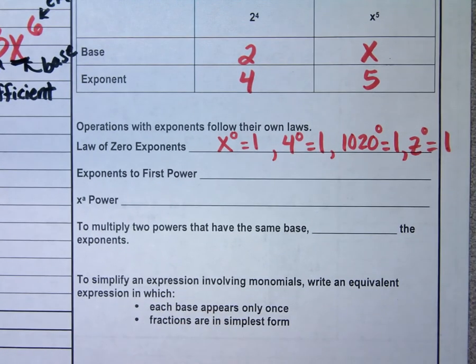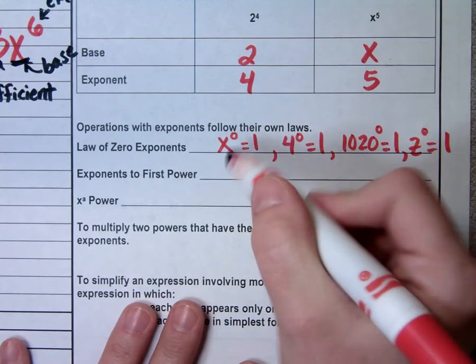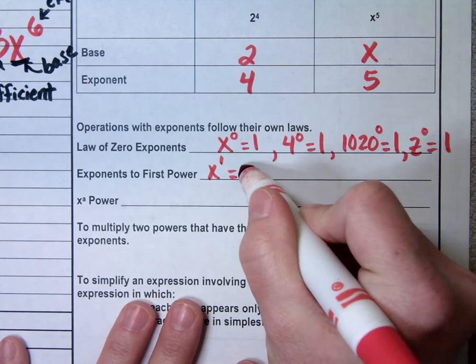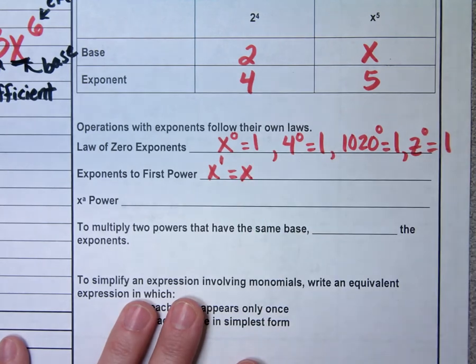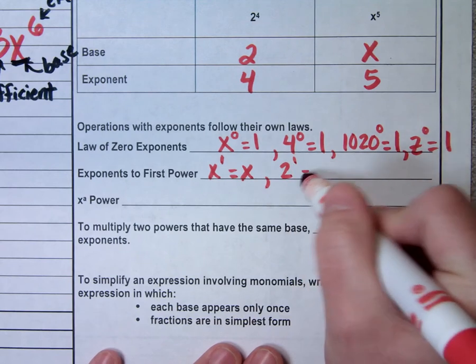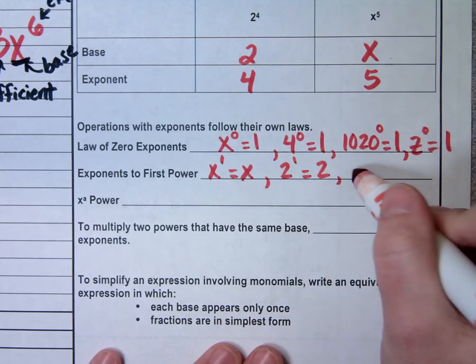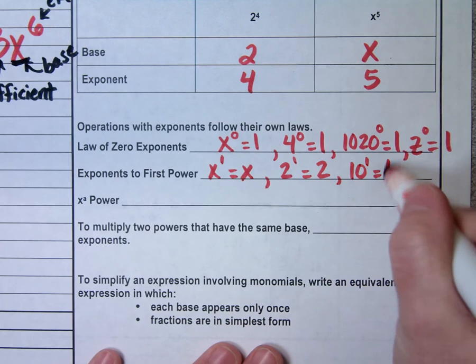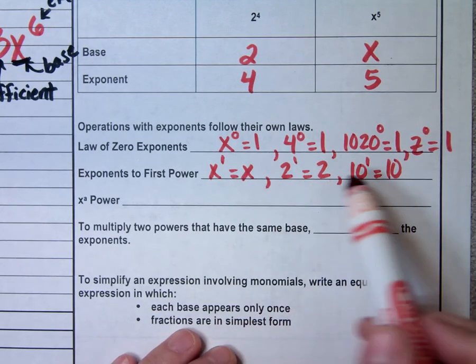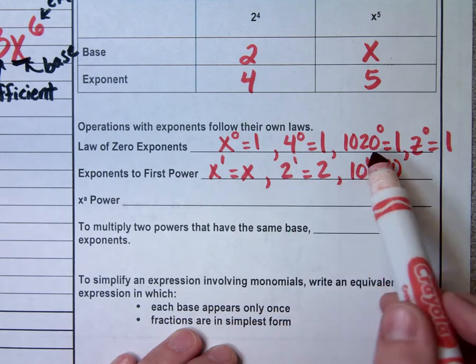So anything raised to the 0 power is 1. Okay, if something is raised to the first power, you get whatever the base is. So x to the first power is x. 2 to the first power is 2. 10 to the first power is 10, etc. So anything raised to the first power is whatever that base is that you started with.